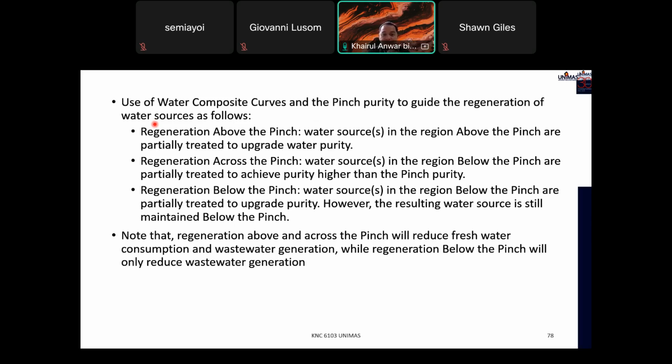Regeneration above the pinch: water sources in the region above the pinch are treated to upgrade water purity. Regeneration across the pinch: region below the pinch shown to a higher degree of purity. Regeneration above the pinch will reduce the freshwater need.